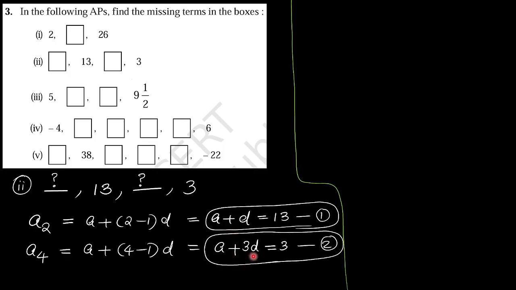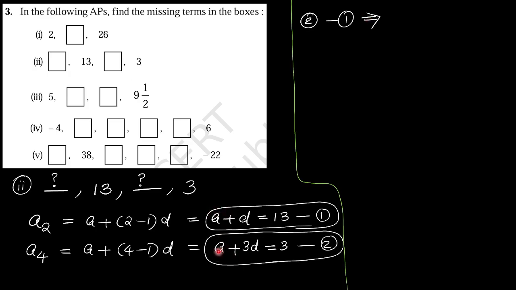Elimination means second minus first, or first minus second, and A minus A will be cancelled. Second equation minus first equation, so one variable can be eliminated.